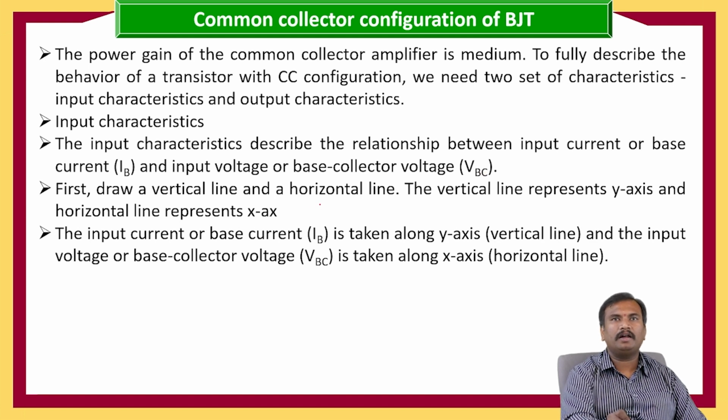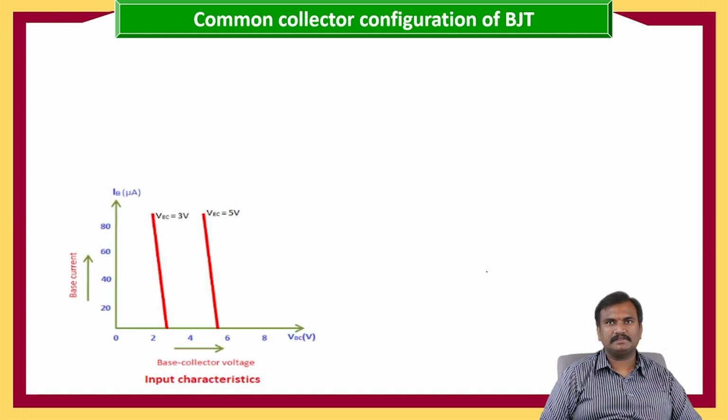We draw a vertical line and a horizontal line. The vertical line represents the y-axis and the horizontal line represents the x-axis. The input current or base current is along the y-axis, and the input voltage or base voltage is taken on the x-axis.